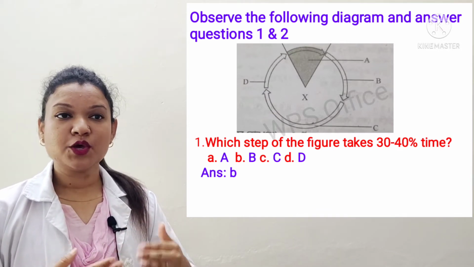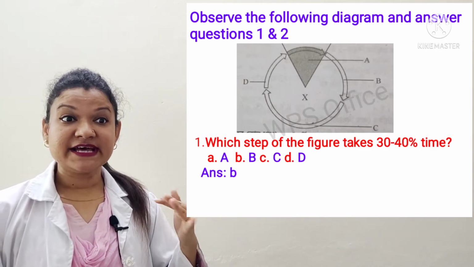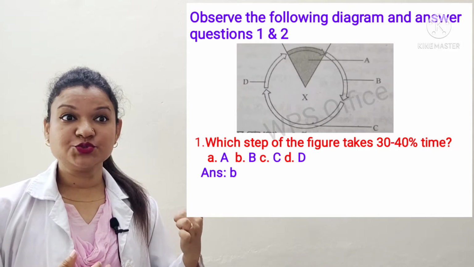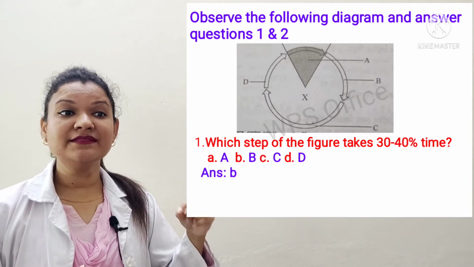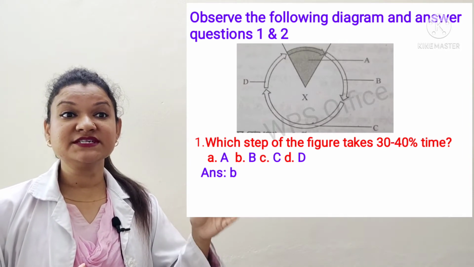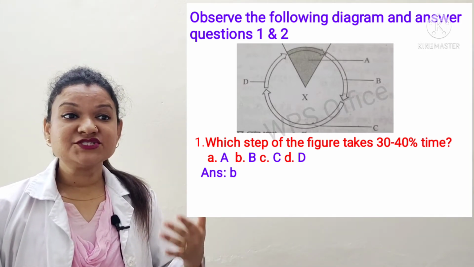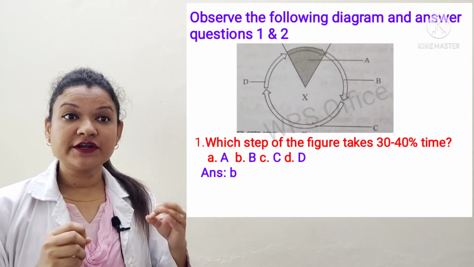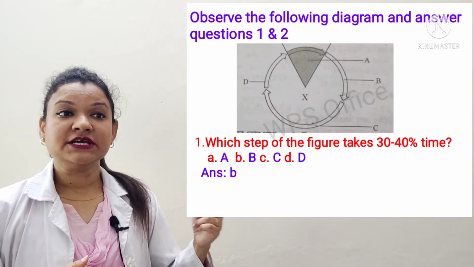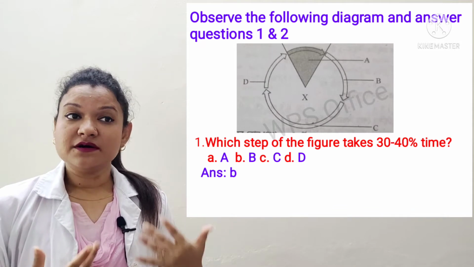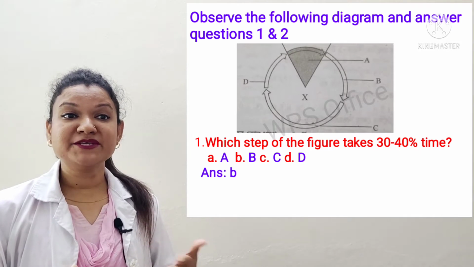Interphase has 3 subphases, that is G1, S and G2. B is G1, and G1 spends 30 to 40% of the time. Then C is the S phase, where 35 to 45% of the time is spent. Then D is G2, and in G2 phase 10 to 20% of the time is spent in the cell cycle.